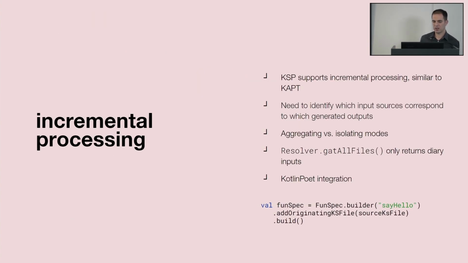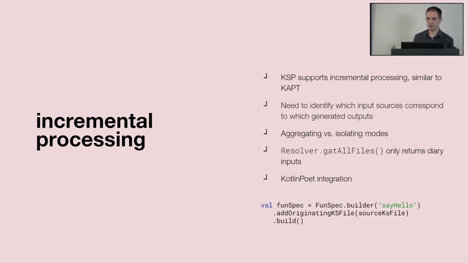And this is my last slide, about incremental processing. Kotlin Symbol Processing supports incremental compilation and build. Incremental build means that if you built the project previously and you make some changes and then build it again, only the dirty or changed files will be recompiled, not the whole codebase.